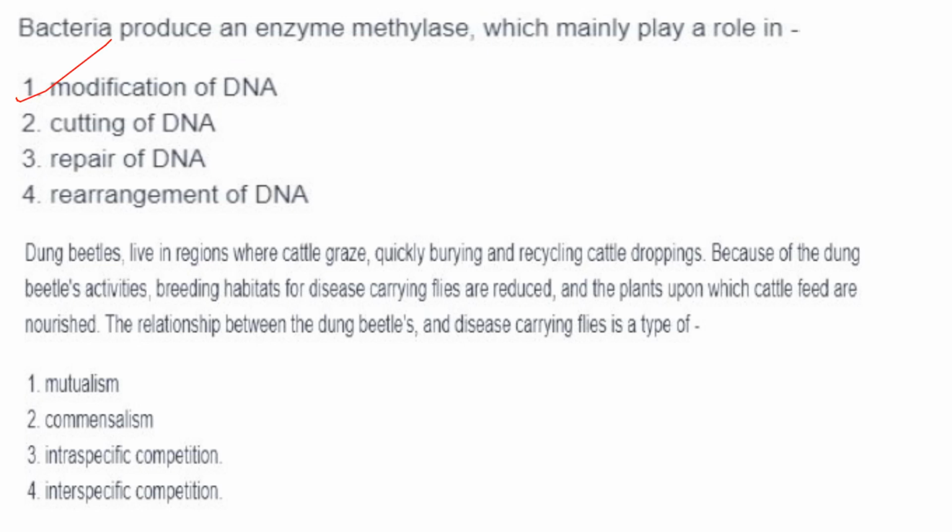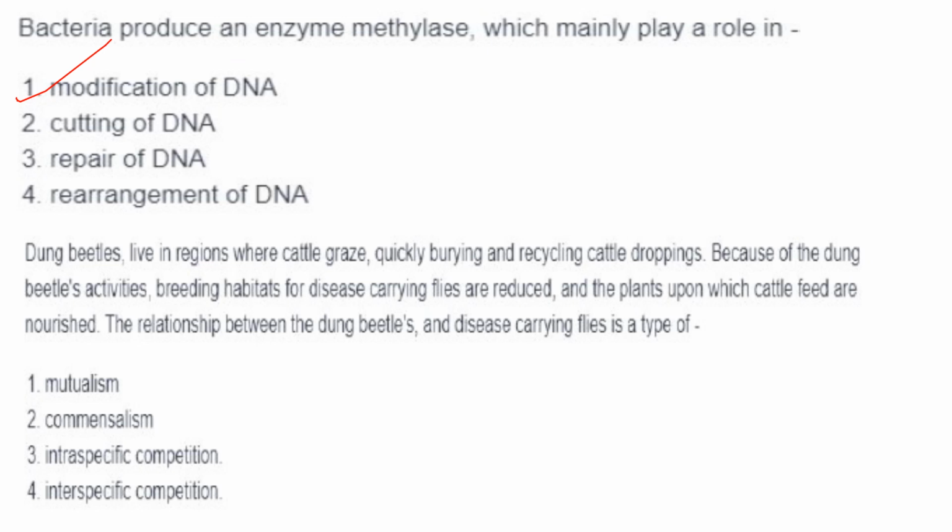Then next one. Dung beetles live in regions where cattle graze, quickly burying and recycling cattle droppings. Because of the dung beetles' activity, breeding habits of disease-carrying flies are reduced, and the plants upon which the cattle feed are nourished.